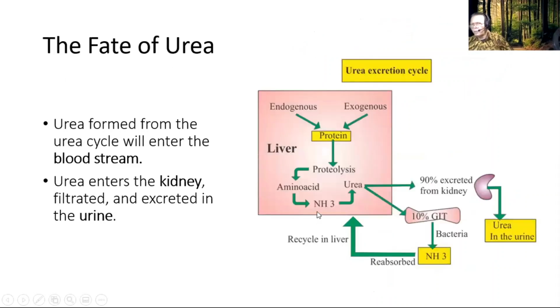Then let's move to the fate of urea. Urea formed from the urea cycle will enter the bloodstream. Urea enters the kidney, is filtered and excreted in the urine. Let's see, we start from this protein.